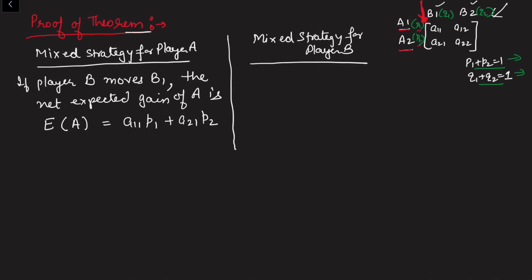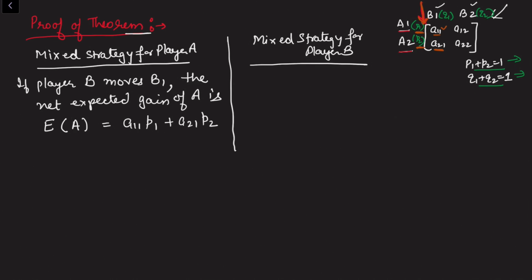What I did is I simply looked at this data. If B1 is applied, A11 is going to come with P1, A21 is going to come with probability P2. So look only vertically, and the expected gain of A is this one.